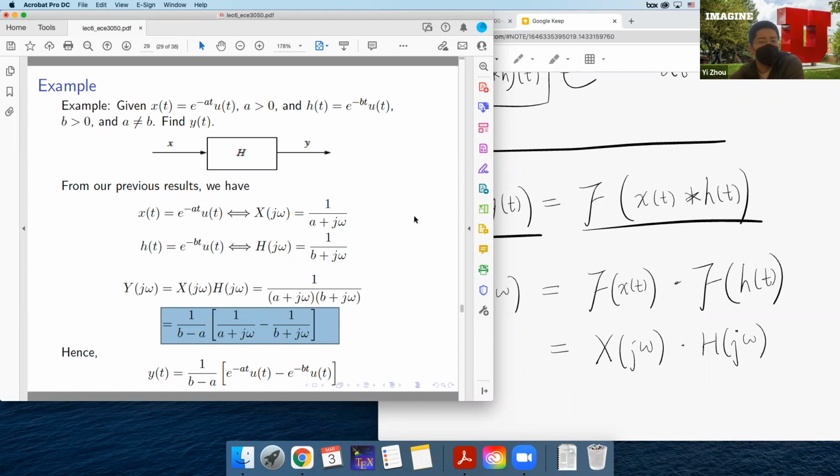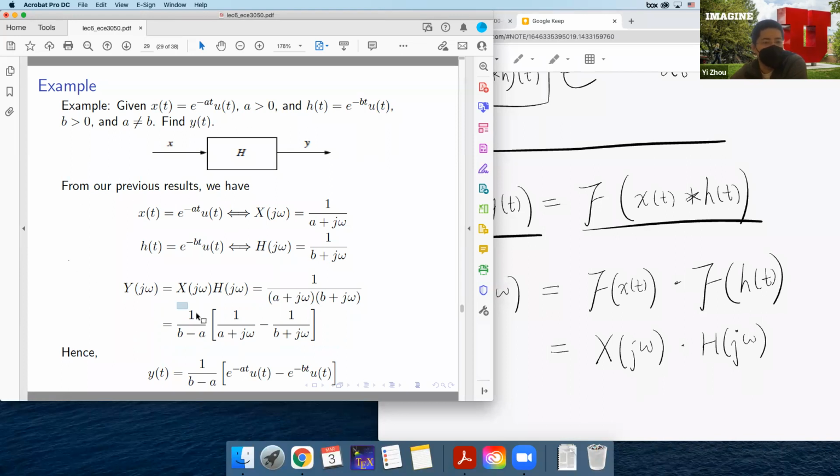Later on, we will introduce a technique to do this. But essentially, you can verify this one, which is in a product form, can be decomposed into the subtraction of these two. So you now have two smaller fractions.